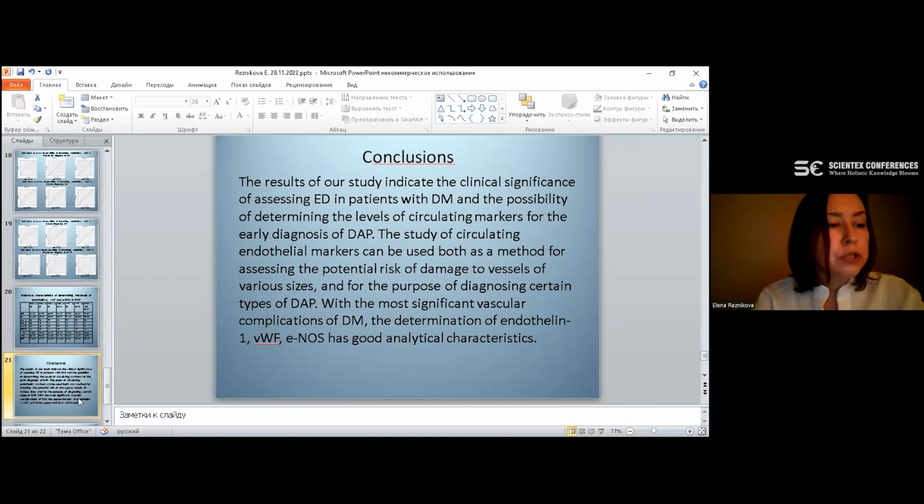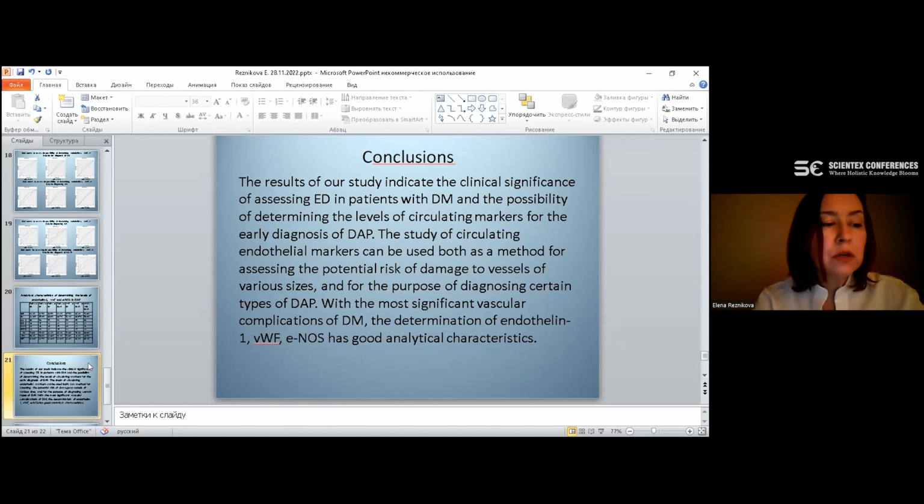In conclusion, the results of our study indicate the clinical significance of assessing endothelial dysfunction in patients with diabetes mellitus and the possibility of determining the levels of circulating markers for the early diagnosis of diabetic angiopathy.